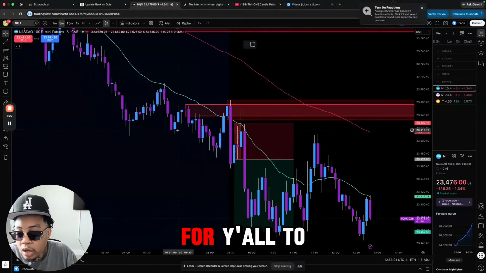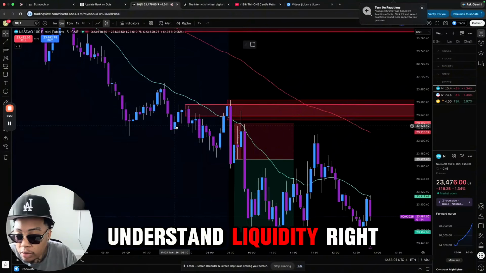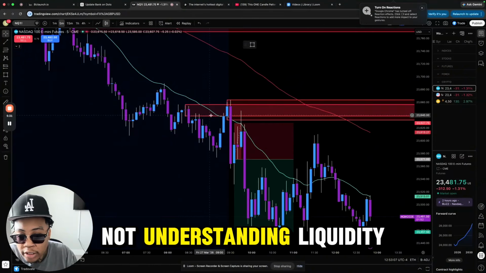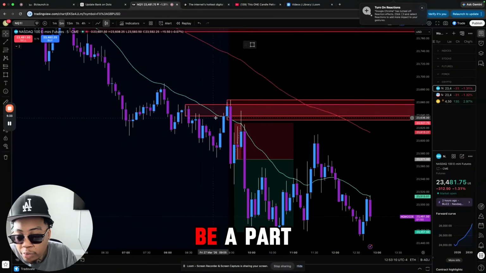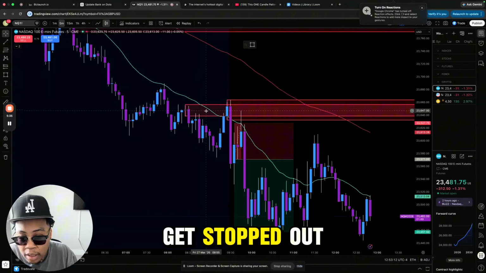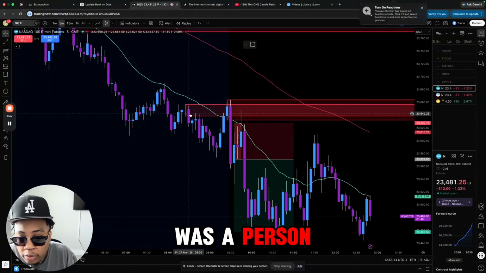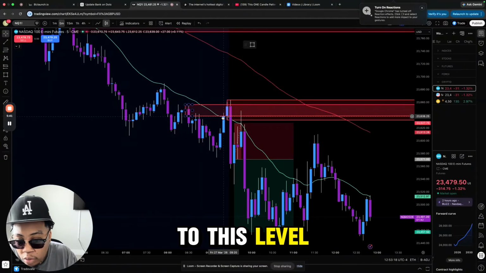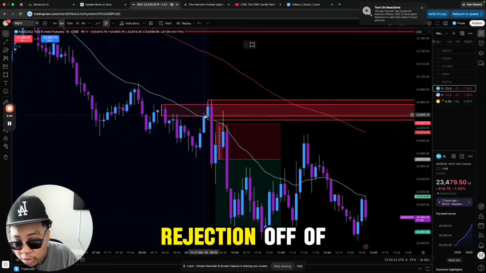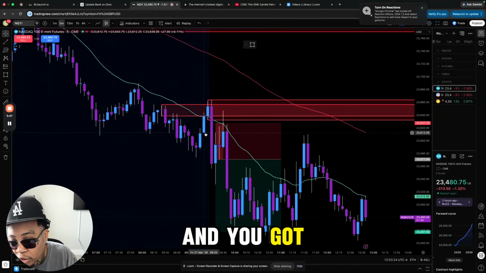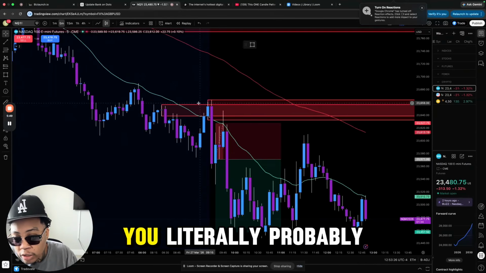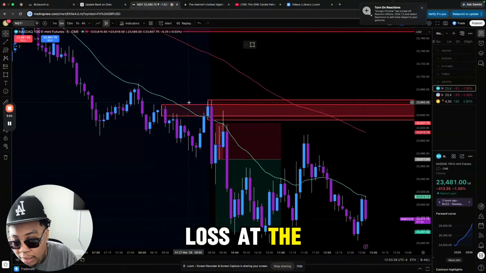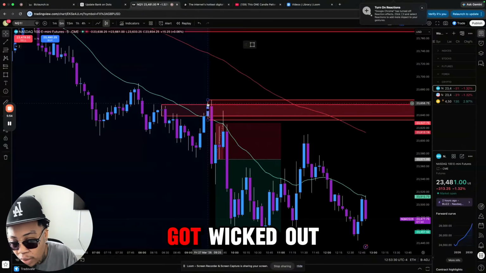So it's important for y'all to understand liquidity, right? Because if you're not understanding liquidity, you're going to always be a part of it. You're going to always get stopped out. Say if you was a person who marked up the supply zone, and as soon as price came to this level and tapped on this level and showed a little bit of rejection off of this wick, you got into your trade, right? You probably put your stop loss at the top of this zone and you literally got wicked out.